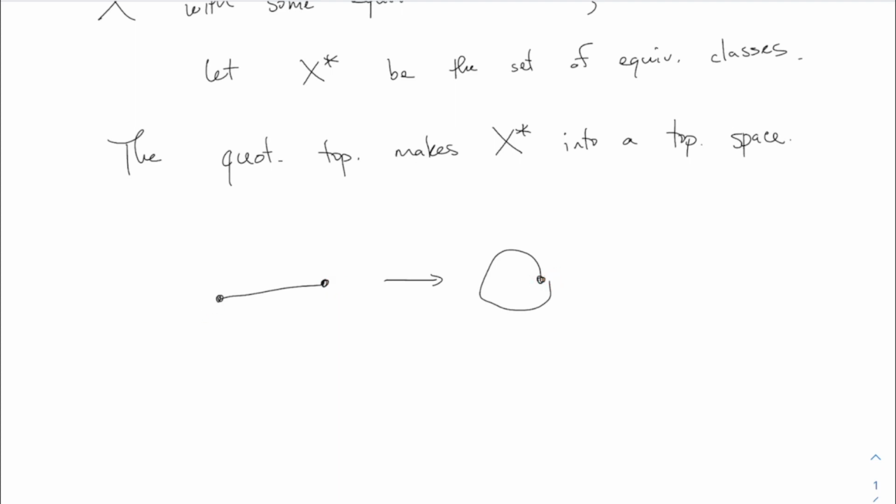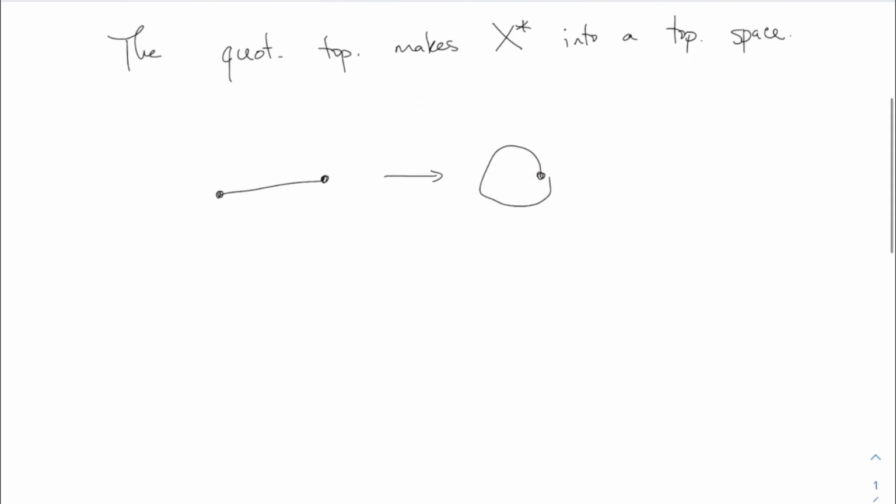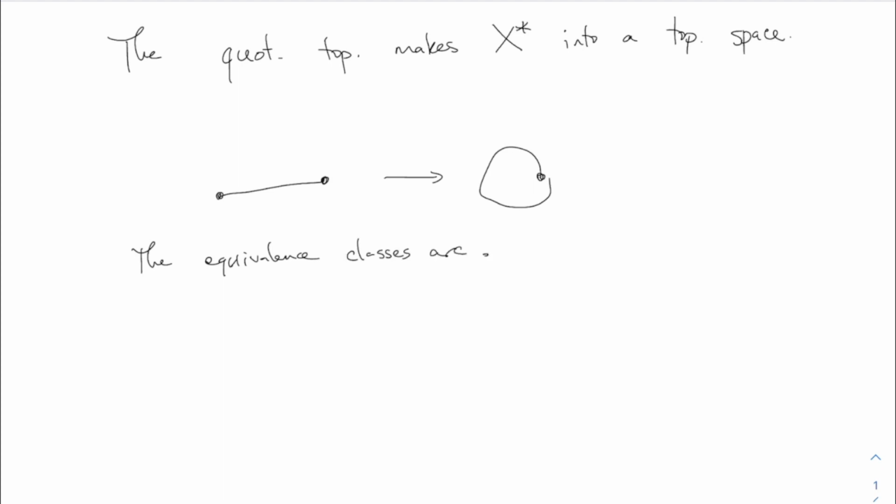This is the point of view of equivalence relations. Really, all that matters is the equivalence classes: each point that's not on the end just stays by itself. The only ones which actually get glued together are the two on the end.